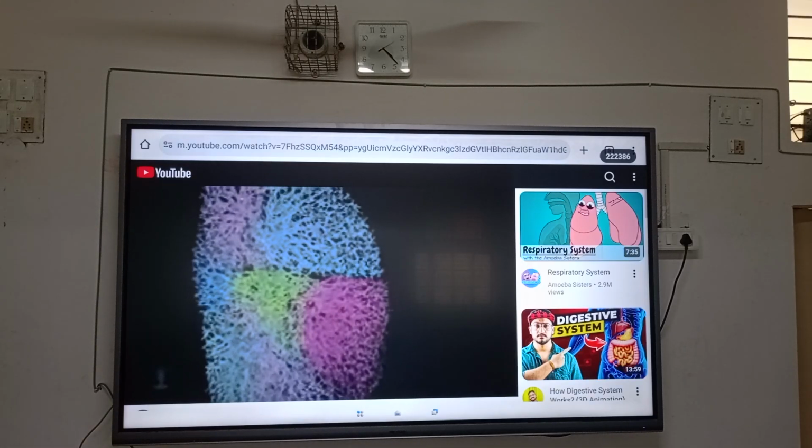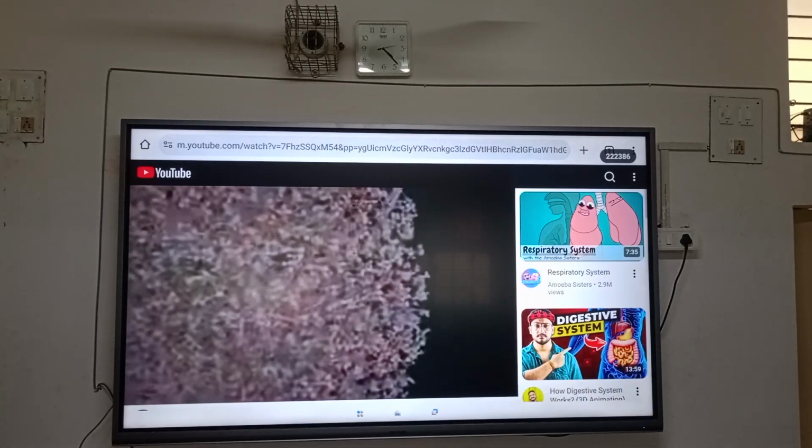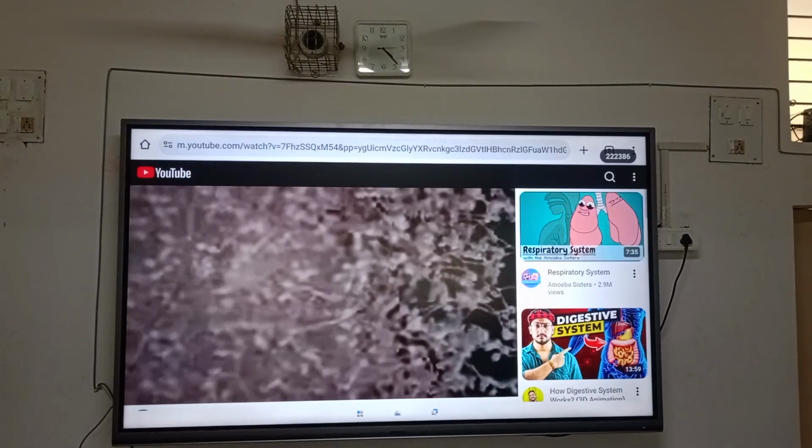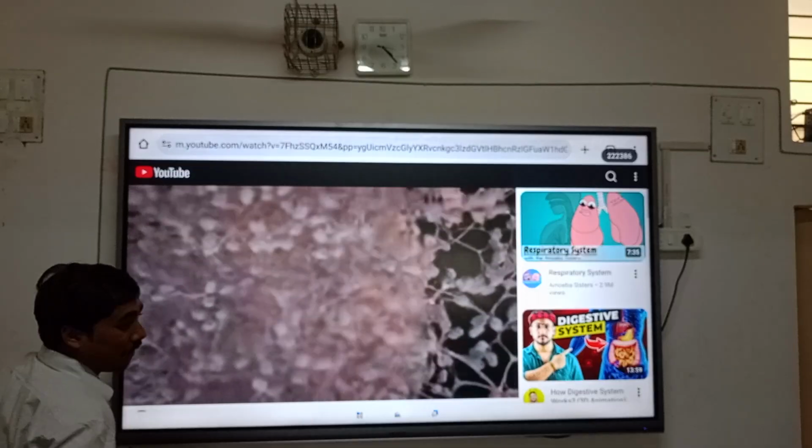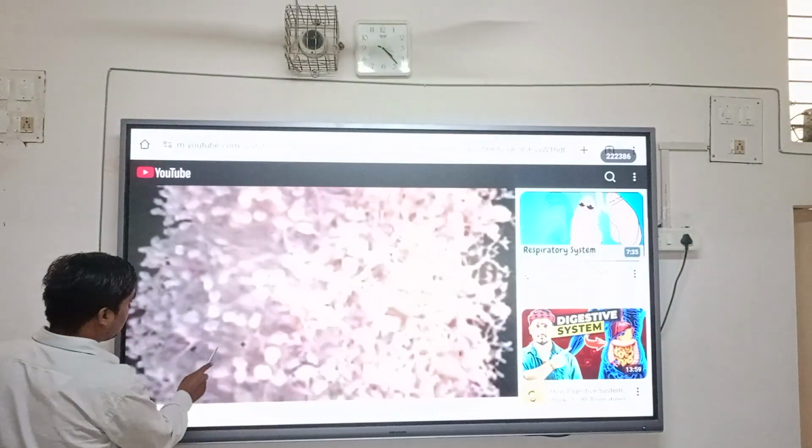At the ends of the bronchial tree are tiny air sacs called alveoli. It is estimated that humans have 300 to 400 million alveoli.